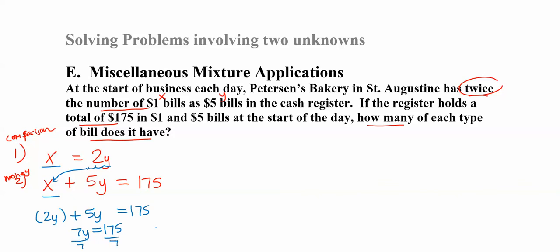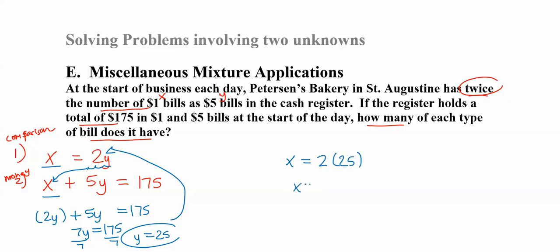Divide both sides by 7, and Y equals 25. So now let's go and find out what X is. So X is 2 times Y. So 2 times 25 gives us 50. So there are 50 $1 bills in the register and 25 $5 bills in the register.